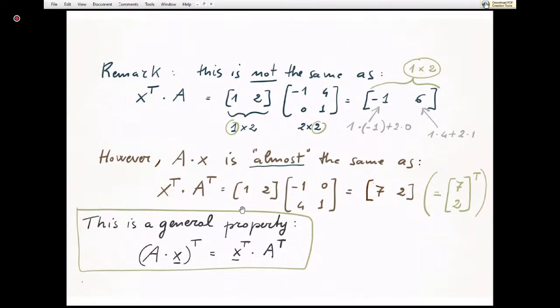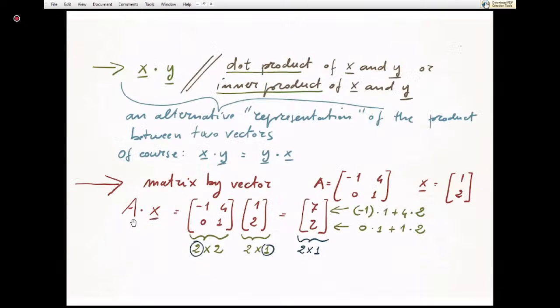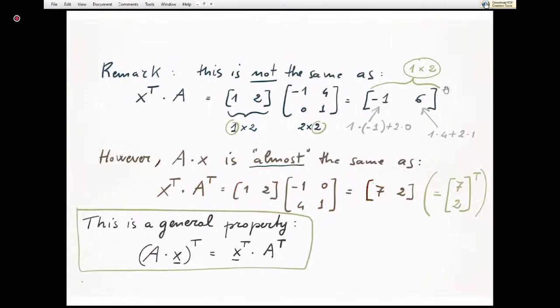However, so you see that if I multiply A times X, if I put X before A, of course I have to transpose it, and I perform the same multiplication, I get a different result.